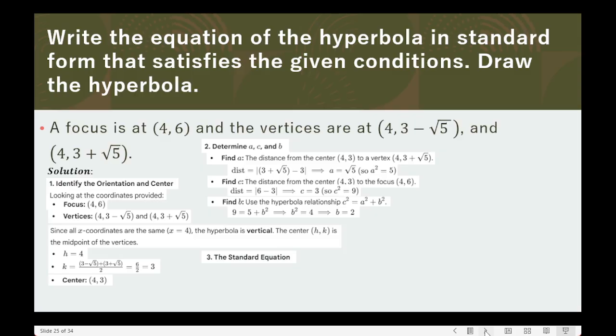With that, we can now determine the standard equation of this hyperbola, using the equation whose graph has a vertical orientation. Then plug in the values of h and k together with the values of a and b. So the equation is (y minus 3) squared over 5 minus (x minus 4) squared over 4 equals 1.